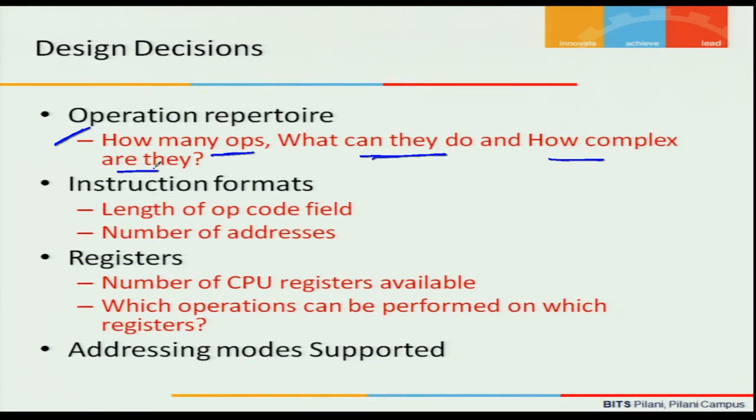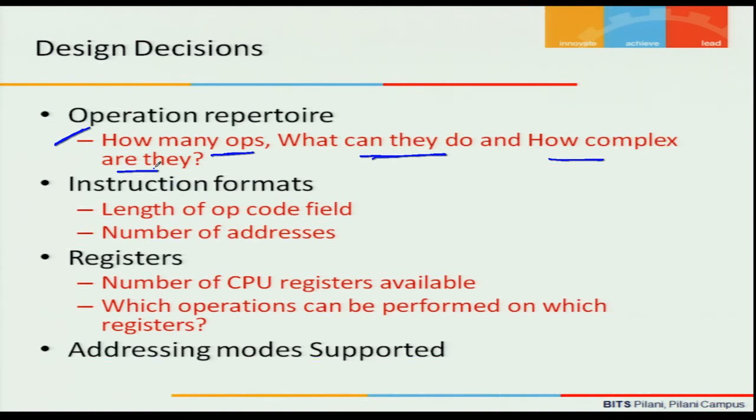So the complexity of the instruction can be high, but then when you are executing these instructions, it may take a long time. And secondly, you have to code for these instructions, and this coding could itself be complex. So you will have to finally decide upon how many operations, what can they do, and what is the complexity that you are willing to take up.